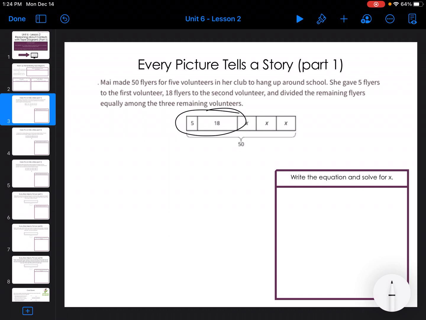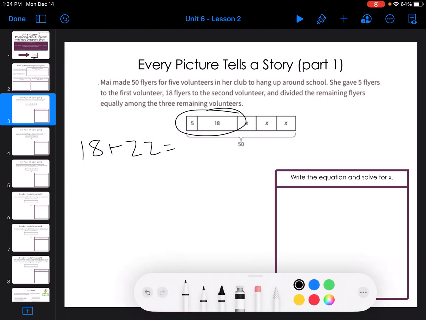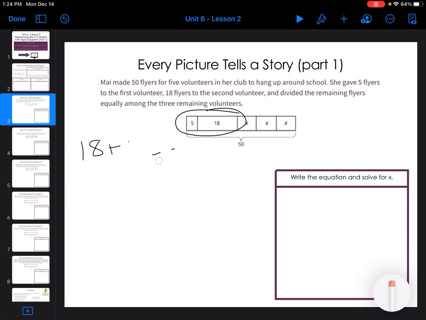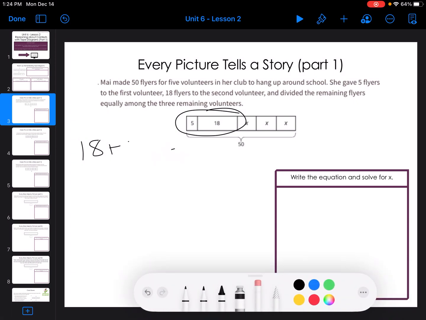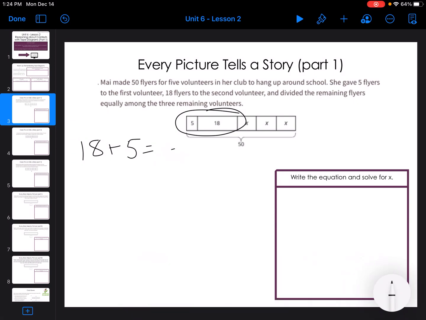So that's going to give me 18 plus 5, I get 23. And then I've got 3 X's, and that's going to be equal to 50, right?